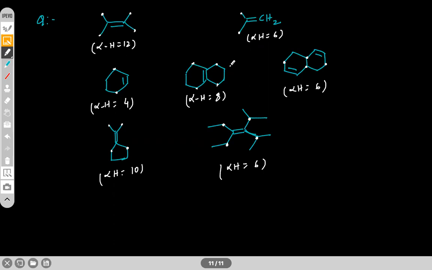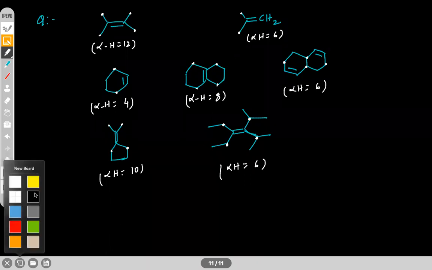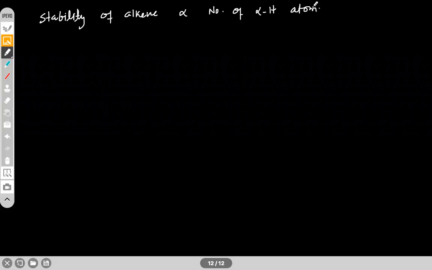Suppose I ask you this question, just one question we'll see, we won't go into much detail, so you can understand it easily. Okay, I'll write this down first. The stability of alkene is directly proportional to the number of alpha hydrogen atoms.